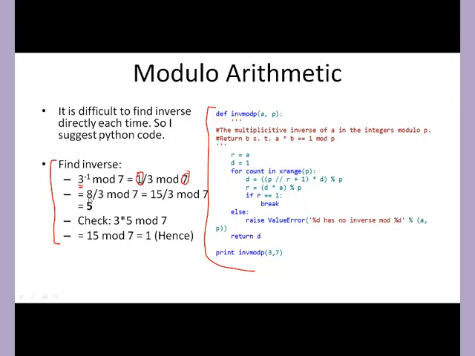So it becomes 8 by 3. This is not an integer. Again repeat this process. Now it is 8 plus 7, this is 15 by 3. Now it is an integer. We can divide 15 by 3 and we get 5. So 5 is the inverse of 3. We can check 3 into 5, this is 15 mod 7, and 15 mod 7 is equivalent to 1.